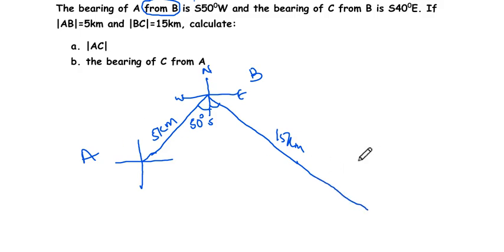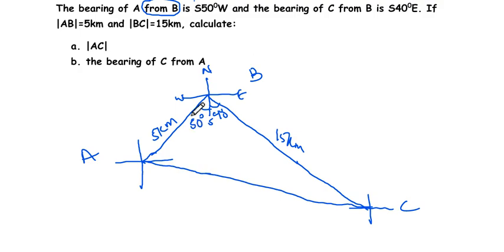So let's call this C. This is 40 degrees. So let's join this point. We have to form a triangle with this. Let's join this to this point like that. Now we'll form the triangle with this.